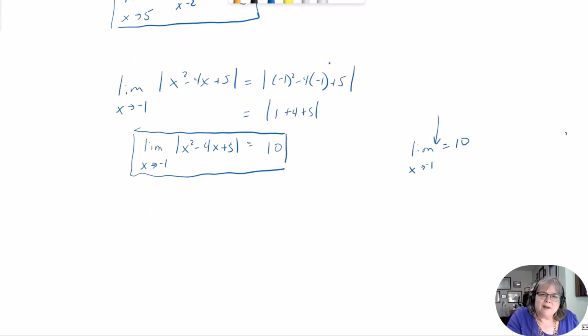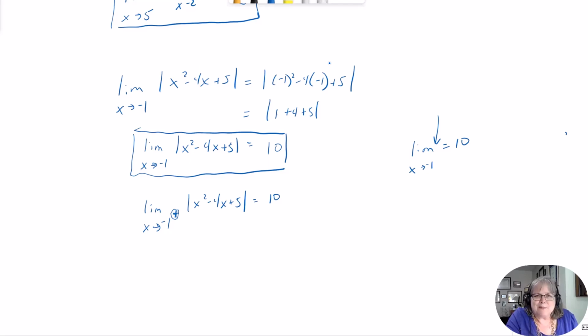Right. Now, since this is in the domain, legitimately, if they had said what's the limit as x approaches -1 from the left of this, it would be the same answer. Sometimes teachers will put a left or a right hand limit in just to see if it bugs you.